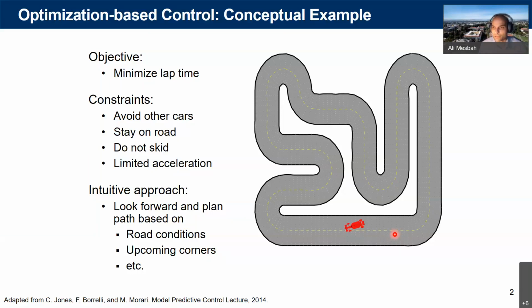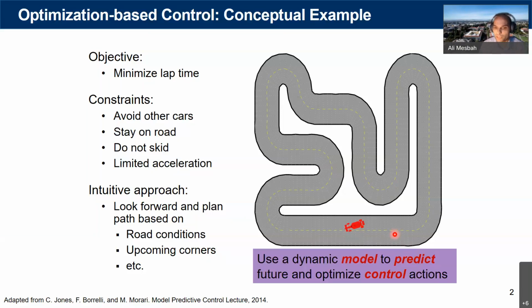So a very intuitive approach to view and formulate this problem is to really look forward and plan the path based on our knowledge of the road. In other words, we can use a dynamic model to predict the future, right?